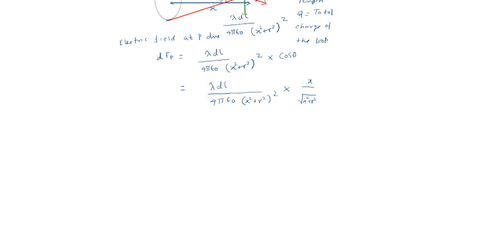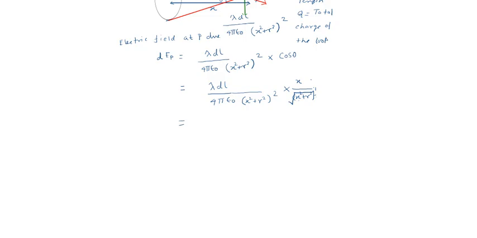I'm writing it again, as it is a bit clumsy: x divided by x square plus r square to the power half, or rather root over of this, same thing.